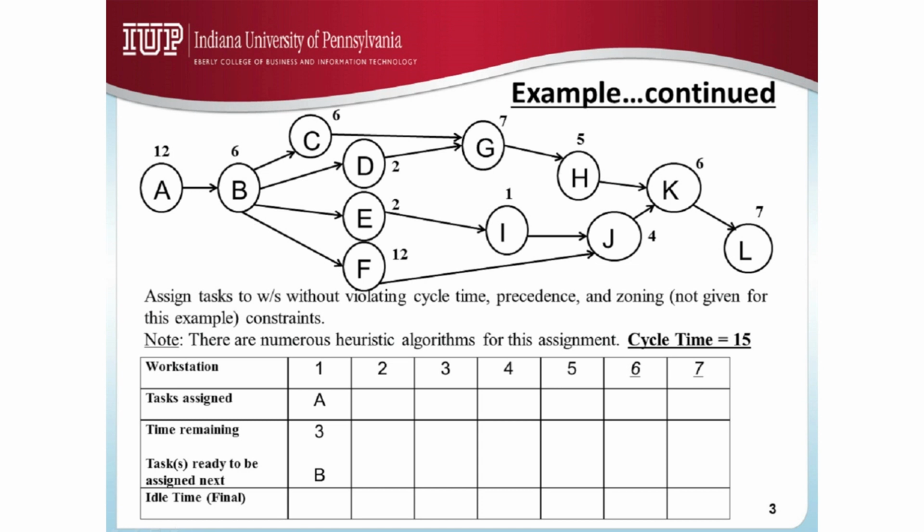The only task that is certainly ready is B, because everything else requires B to be assigned first before you can go further. So the first step is task A is assigned to workstation 1. The next task will be B, and the time remaining is 3 minutes in workstation 1.